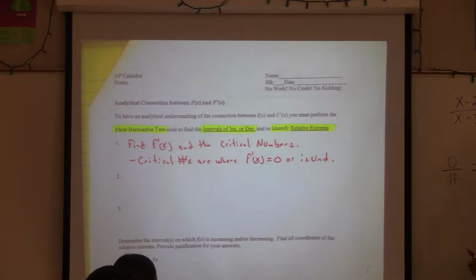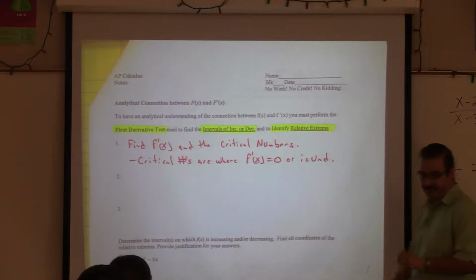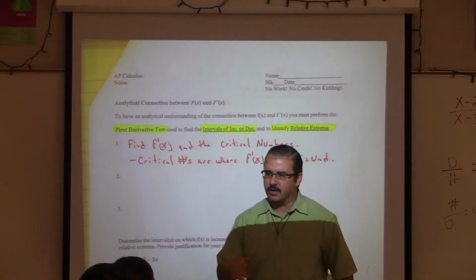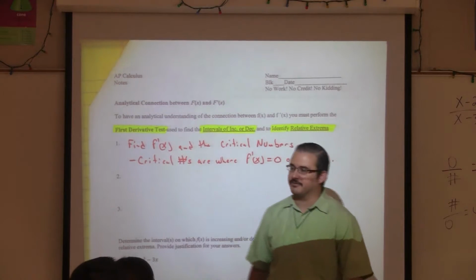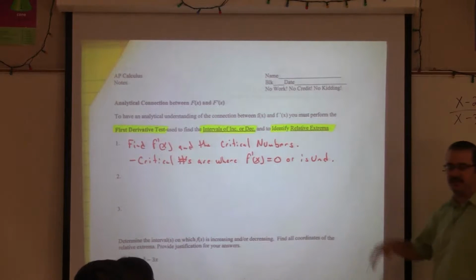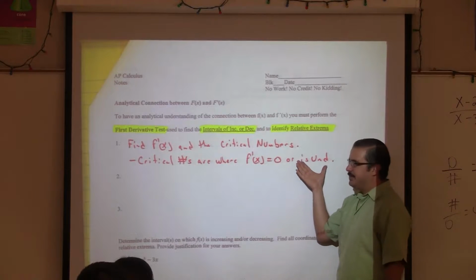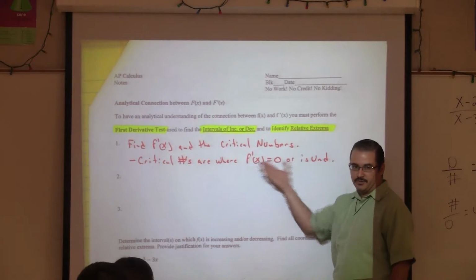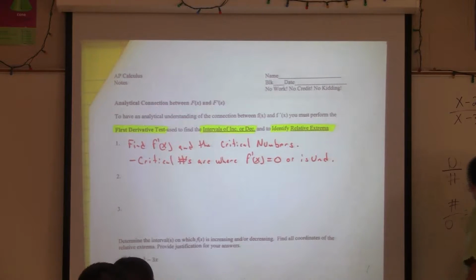Now if I want to find out where it's undefined, I need to set the denominator equal to 0, because a number divided by 0 gives me undefined, right? You understand? But we'll cross that bridge when we get there, right? For today, we'll be working with all polynomial type functions. Therefore, we won't have that issue of it being undefined, but that is the other case for the critical numbers, okay? I wanted to mention both of them so I don't mislead you.